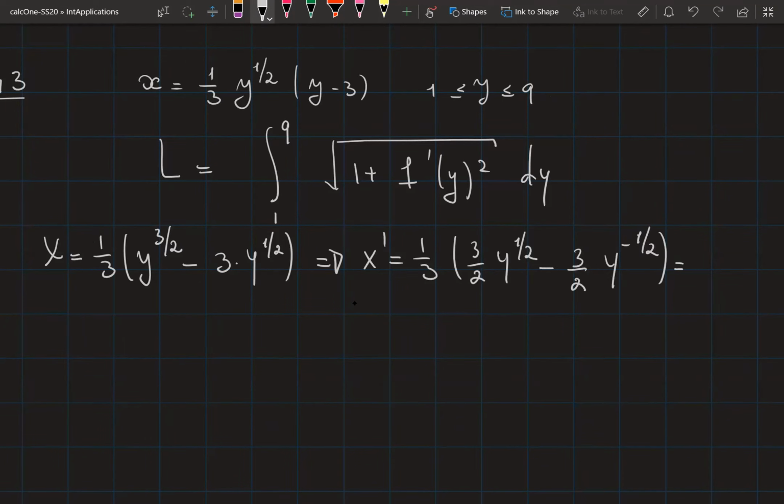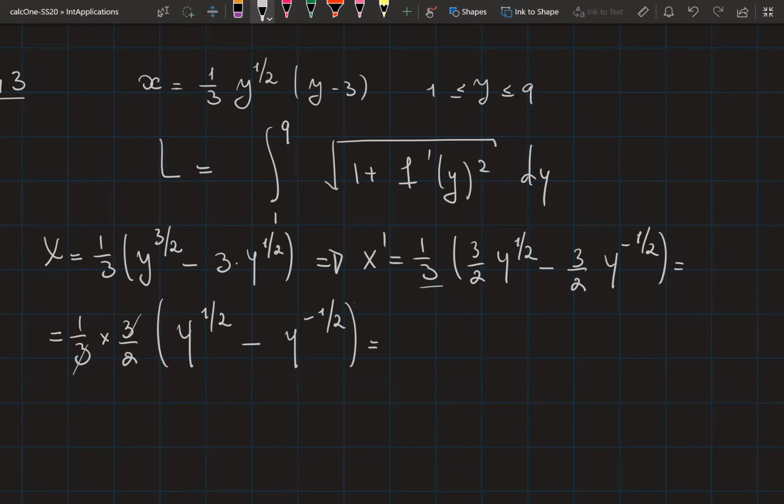We can take out this 3 over 2 from the brackets, and what we obtain is 3 over 2 times 1 over 3, which is 1 over 2, right? So let me write this. 1 over 3 times 3 over 2 times y in the power of 1 over 2 minus y in the power of minus 1 over 2.